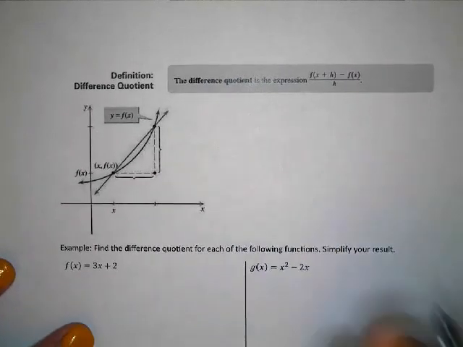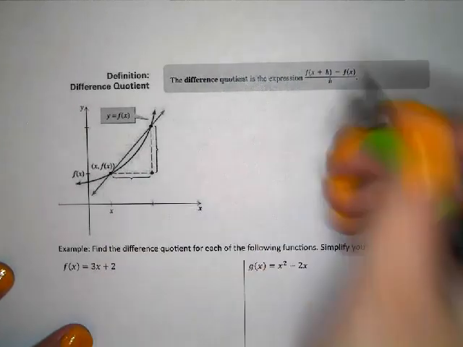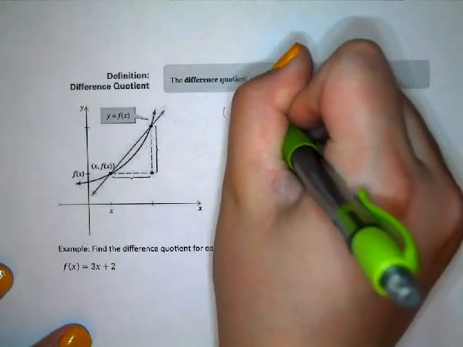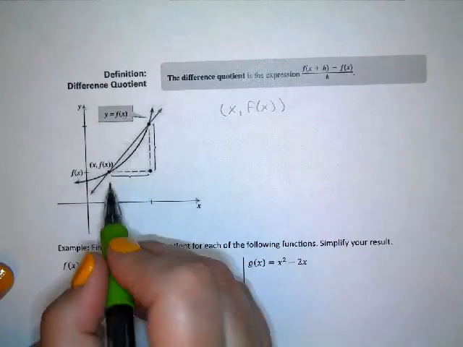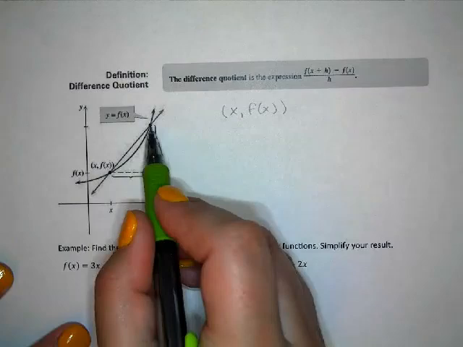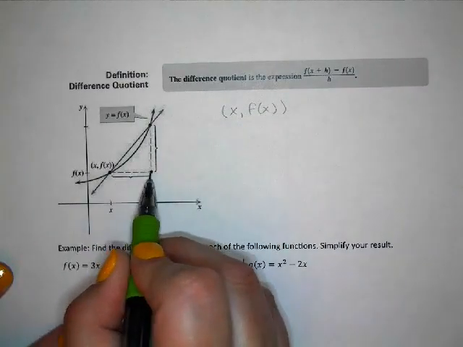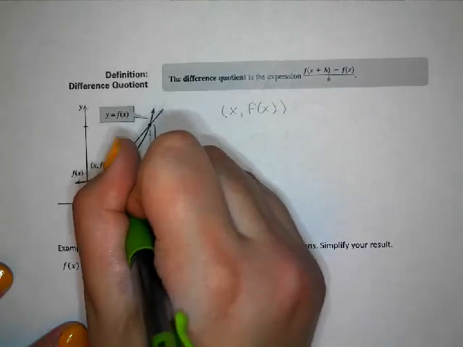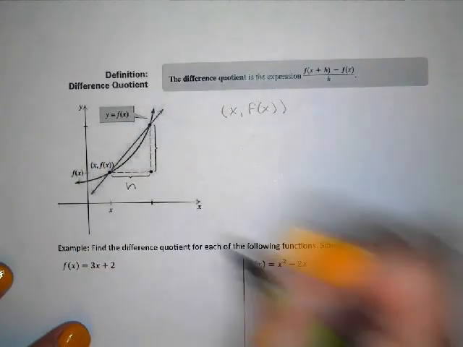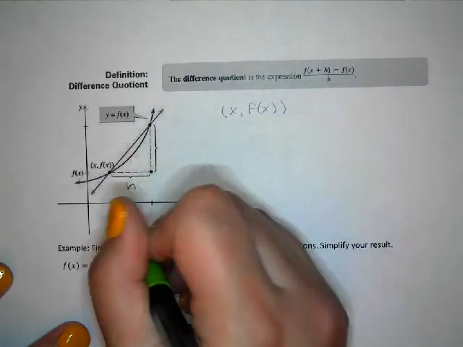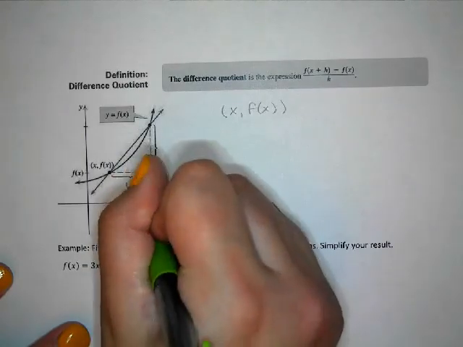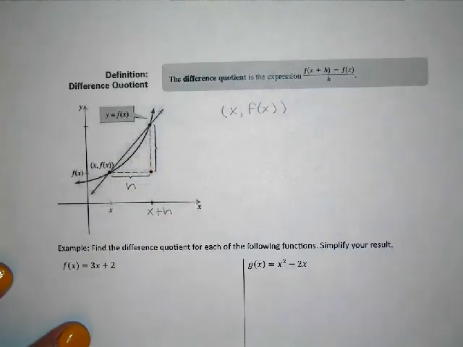So we're going to do the same thing. We're going to say we have one point, x, f of x, and we have a second point. That point is over here, and it's some unknown distance away from x. I'm going to say that this is a distance of h. And so this x value over here, if this is x, and this is a distance of h, then this x value would be x plus h.